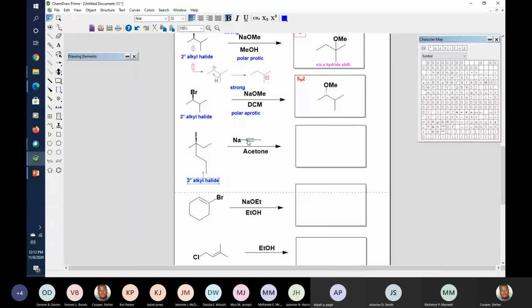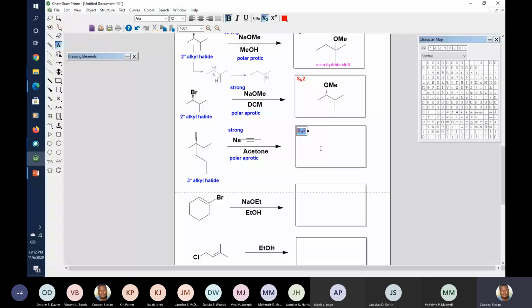There's a metal carbon bond there. So that's a strong nucleophile because it's ionic. There'll be a negative charge here, a positive charge on the sodium. And my solvent, acetone, is also polar aprotic, right? So my conditions here are favoring exclusively an SN2, right?